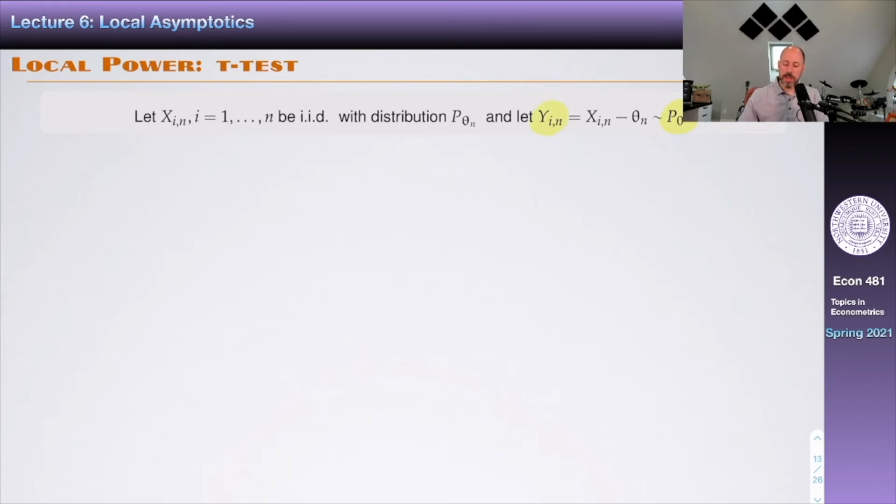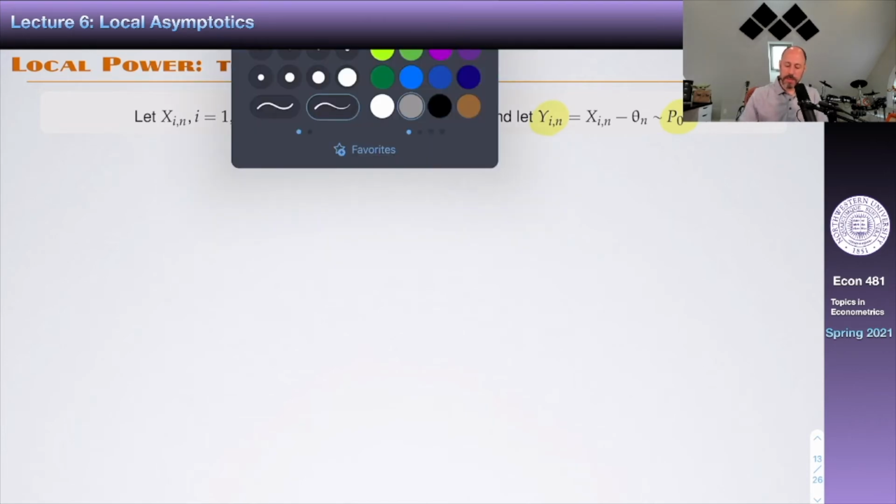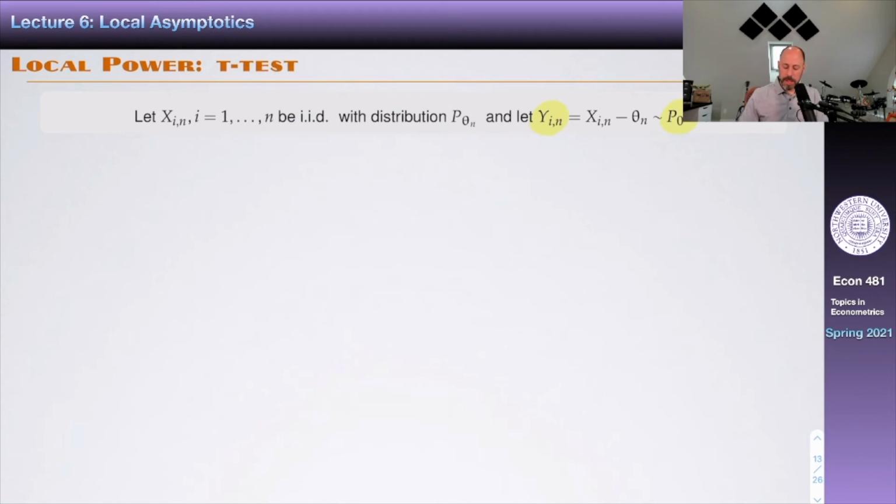This is sometimes called a triangular array because if you write it like this, you say n is equal to 1, then you have X_1,1. Then this has distribution P1. And then when you have a sample size of 2, you have X_1,2, X_2,2.